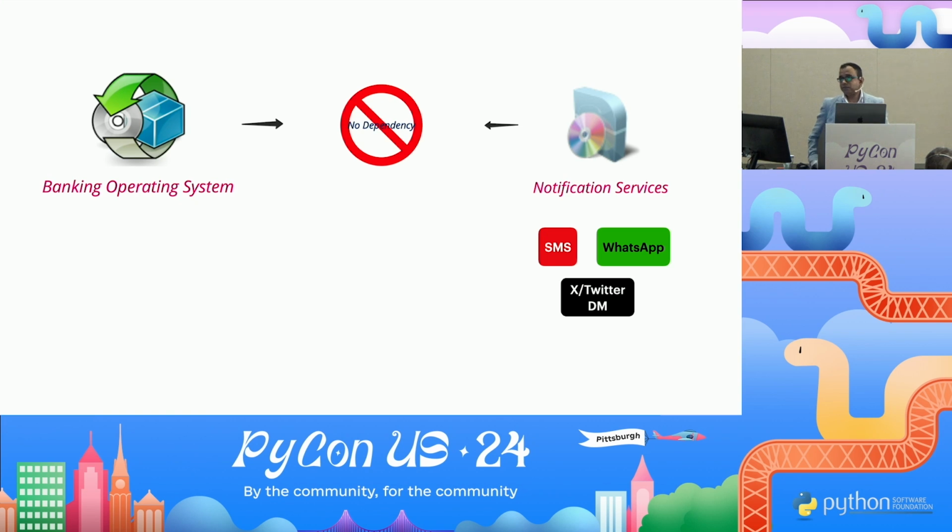Who knows, tomorrow for some premium customer we need to send WhatsApp, we need to send DMs, or many other things. We may even send a person if that is a super premium customer. So any change you make in your notification service, there is no need to do regression testing of your banking operating system. Make sense? Yes.